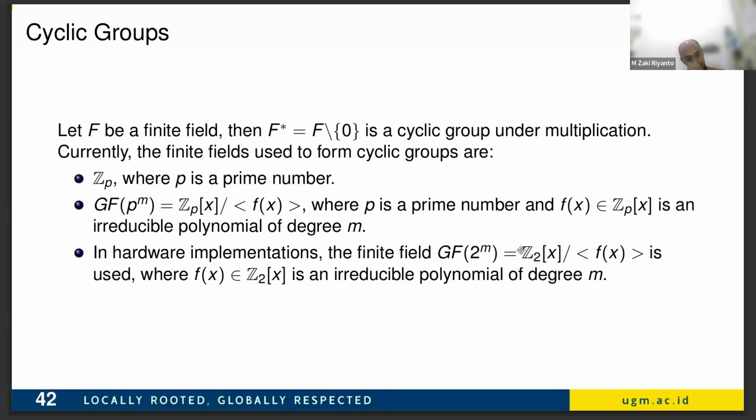Here we can use Z_p, where p is a prime, as an example of a finite field. We can also use the Galois field, or the finite field of order p to the power of m, whose construction uses the polynomial ring Z_p[x] modulo f(x), where f(x) is an irreducible polynomial of degree m in Z_p[x].